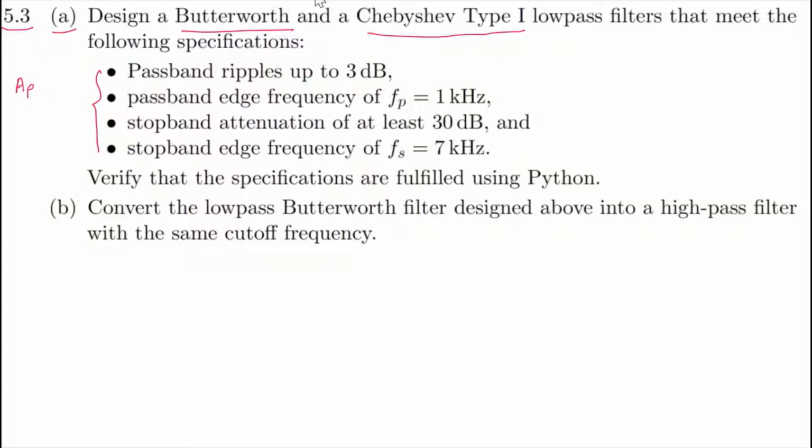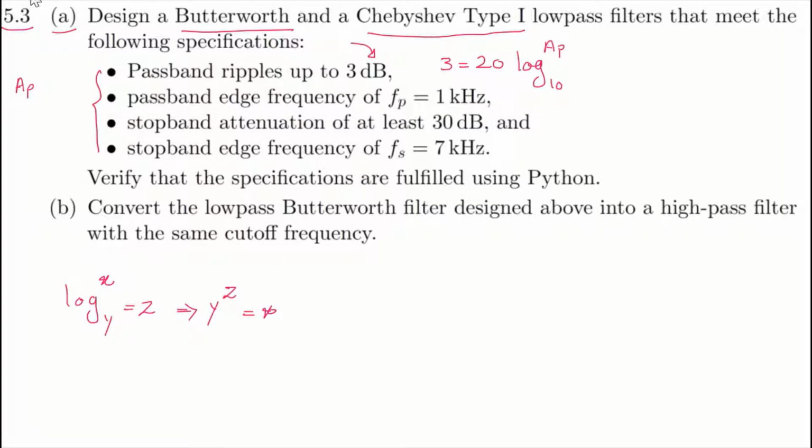So if we have that in dB, because it's a ratio, I can convert that. We know 3 dB equals 20 times log of AP to the base of 10. If we have, for example, log of x to the base of y equals z, we can conclude that y to the power of z equals x.